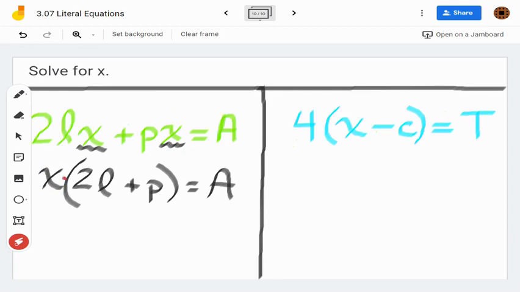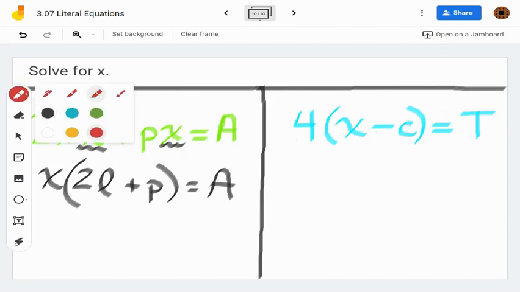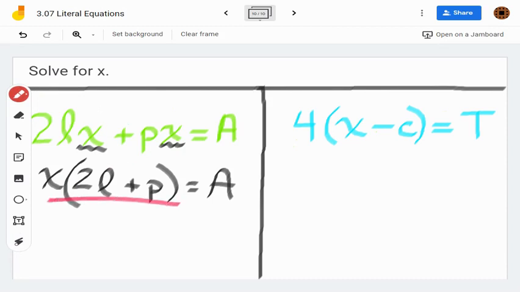And it's being multiplied by this big group. But remember, that big group we can just think of as one entity, and that's being multiplied. The inverse of multiplying is dividing. So we can divide that whole thing by 2L plus P, that whole group.